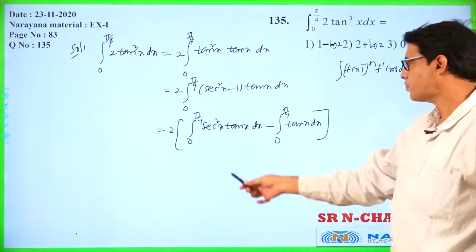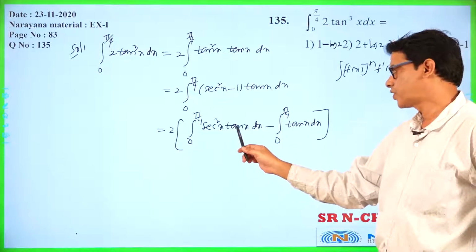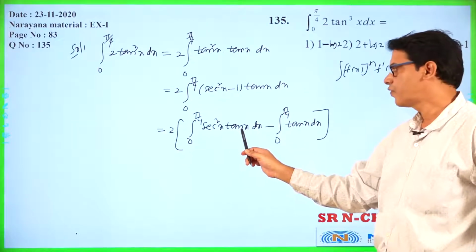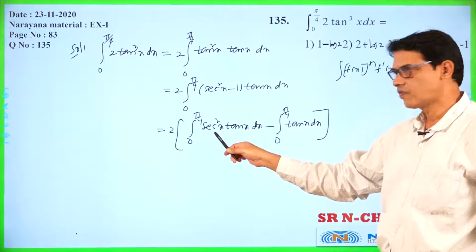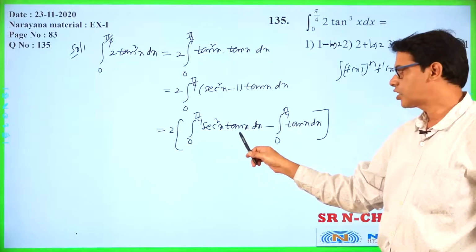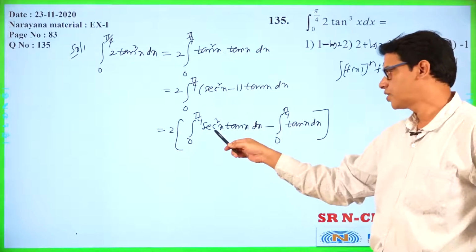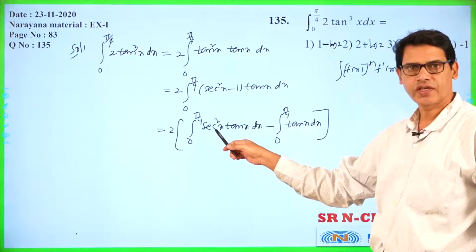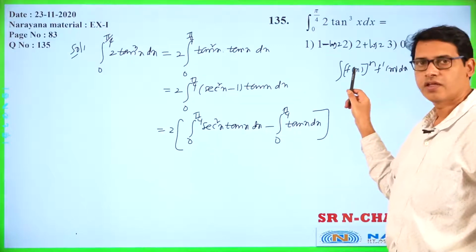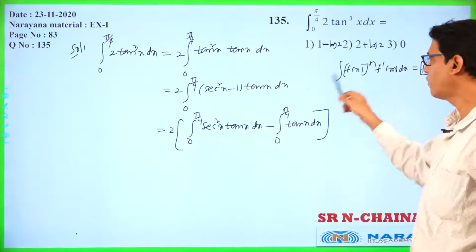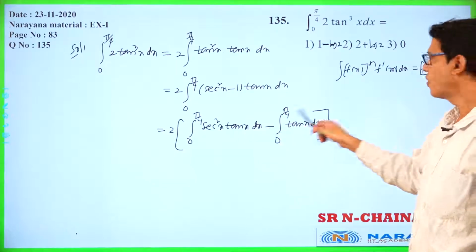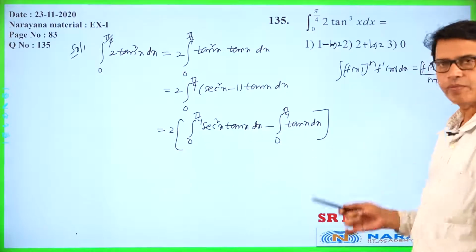See here, tan x is f of x. Tan x is f of x into its derivative. Tan x to the power 1, f of x to the power n into f dash. The derivative of tan is secant square. So I can apply this formula. In this one, n value will be 1. So f of x whole to the power n plus 1 by n plus 1.